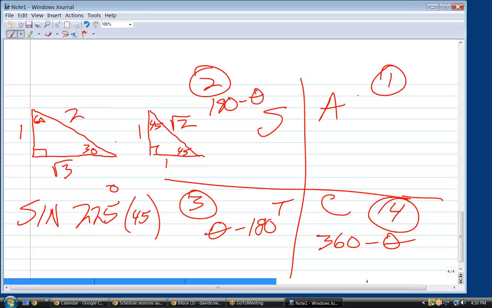Now look at these two triangles and tell me what the sine of 45 is again? It's, in our case here, 1 over root 2, which rationalizes to root 2 over 2. Right. Now all we need is the plus or minus sign.